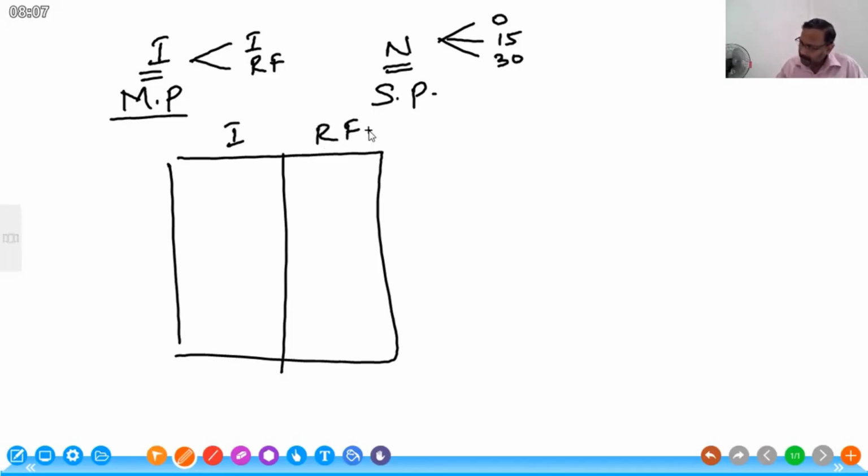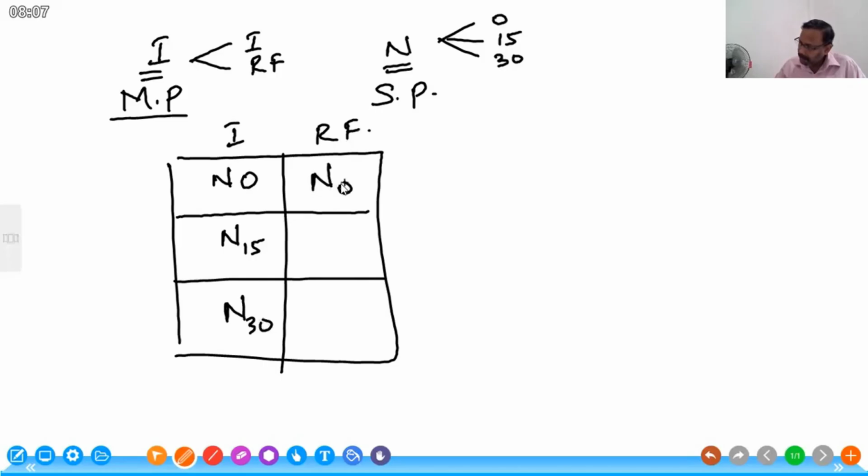Then we have 3 levels of nitrogen, 0 level nitrogen, right? Nitrogen with 15 kilogram, nitrogen with 30 kilogram. This is before randomization. So 0, then 15, this is 30.